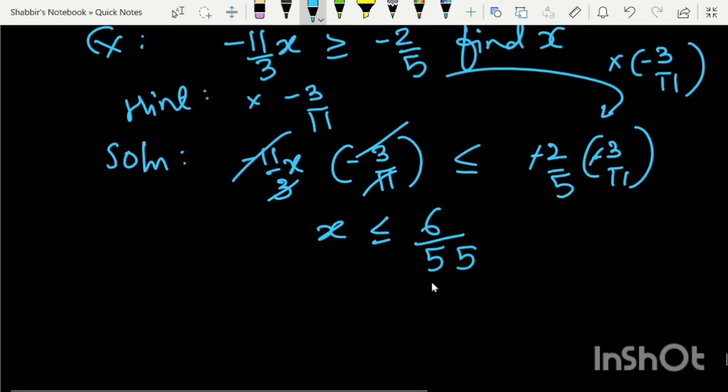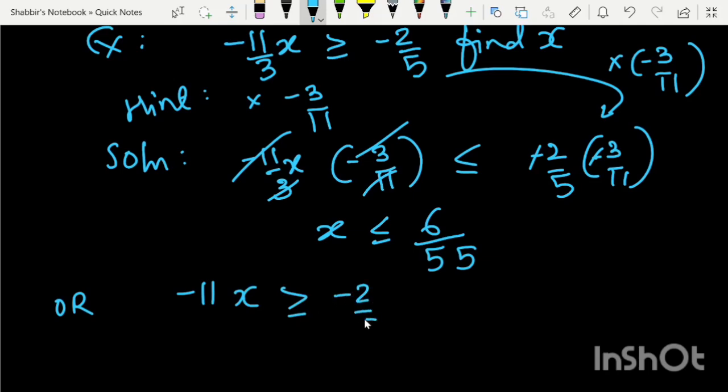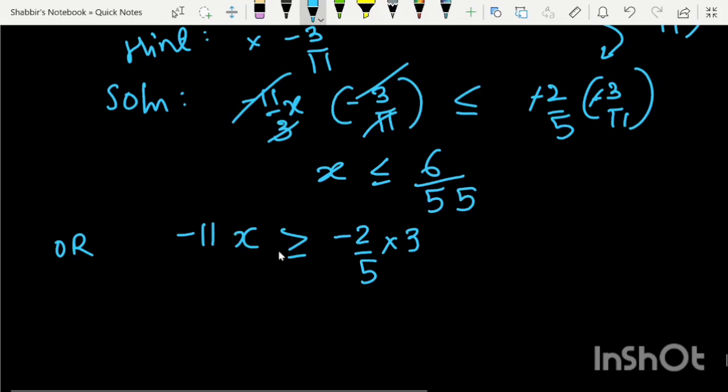Or else, in another way, you can cross multiply 3 here. Since it is positive, it won't change the sign of the inequality in the first step.